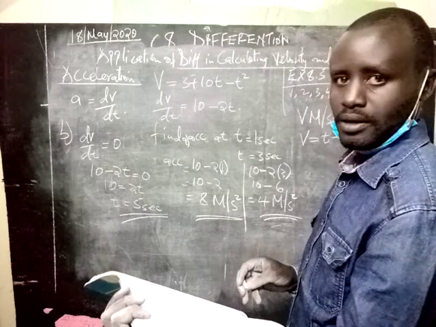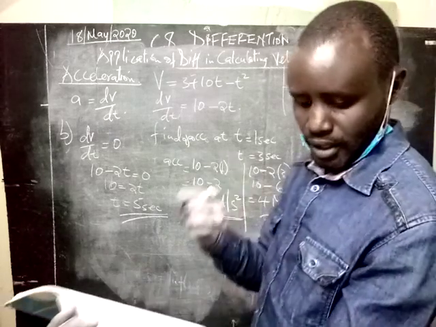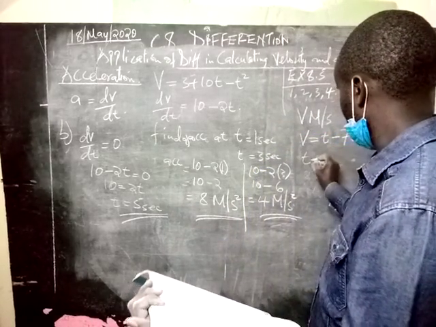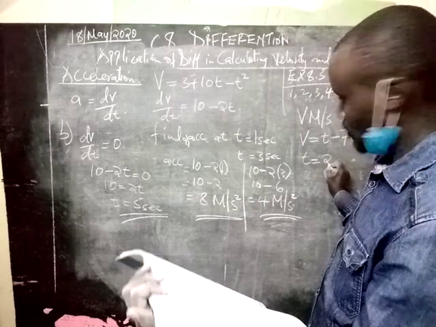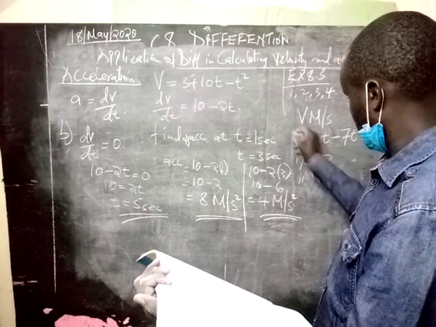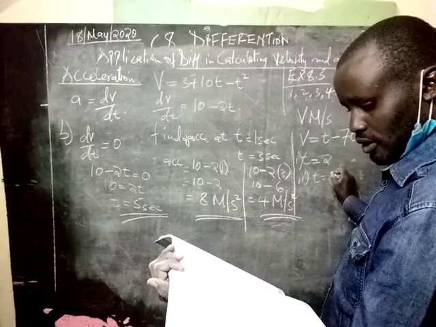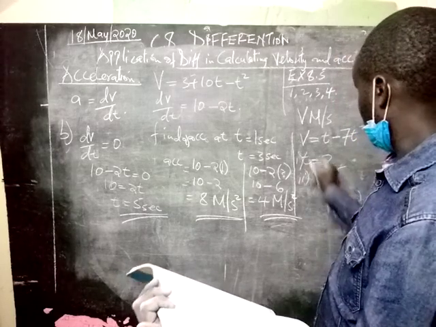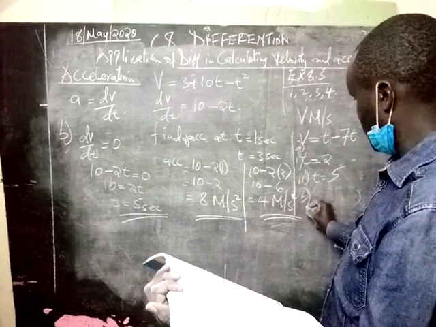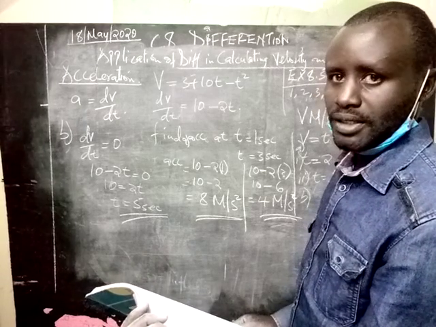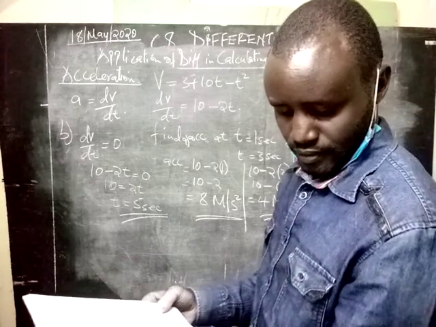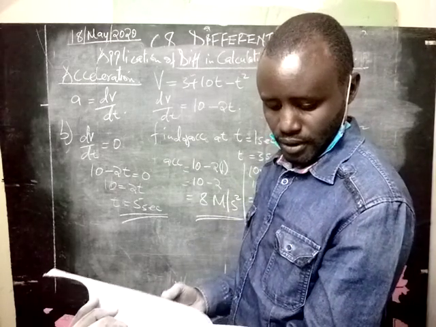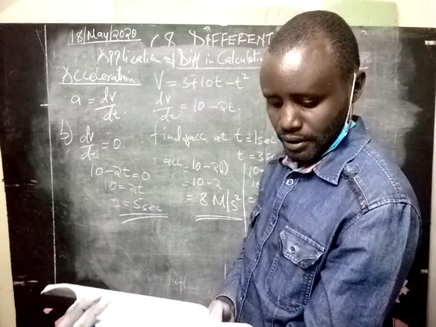Calculate A, the acceleration at t equals 2, and at t equals 5. Then part B, the instant at which the acceleration is 0. That is on acceleration.